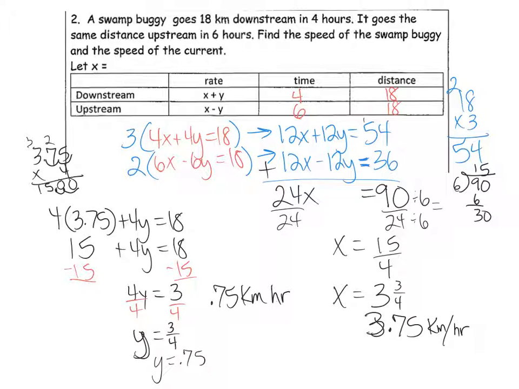On our last problem, X was the boat, Y was the current. On this one, we got a swamp buggy, and it's going for 4 hours. So this is a long trip. Let's stick with the same situation, which means my X is my boat.